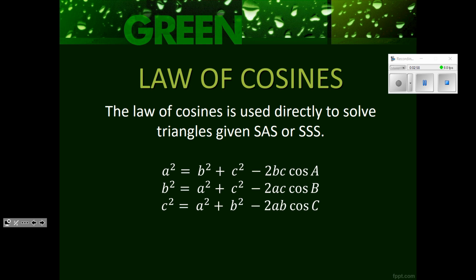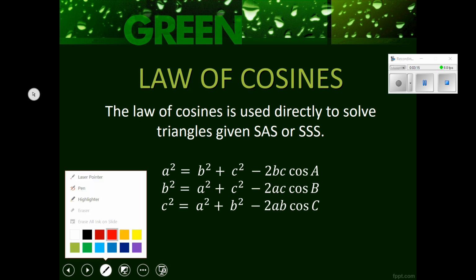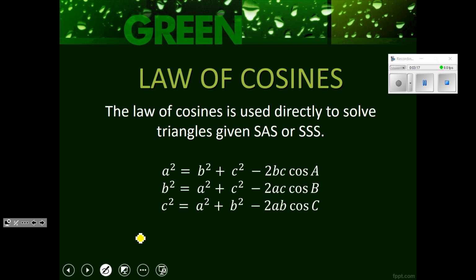Do you see, like here, you've got A, B, and C. You've got A, B, and C. You've got all the sides on all three. So it depends on which angle you're looking for or which angle you're using as to, like, if I have angle A, then I'm going to be using this formula right here. Does that make sense?